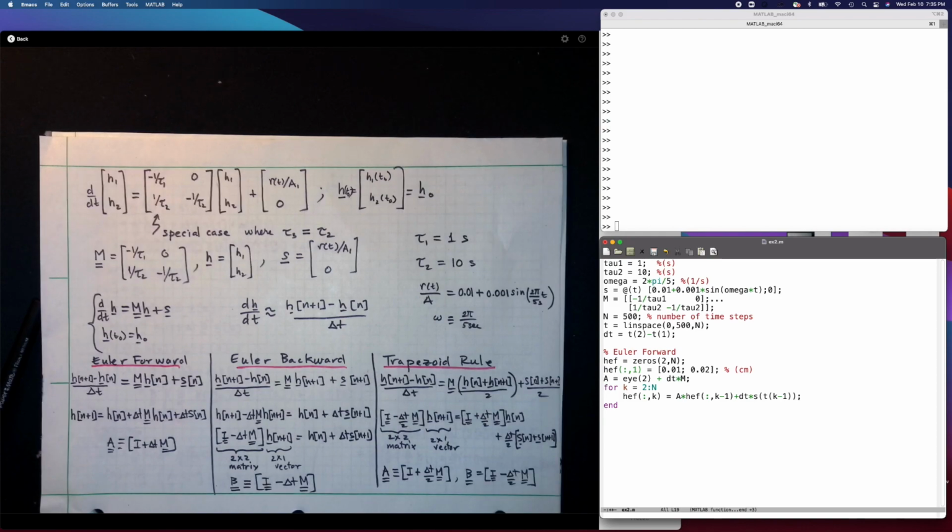Now we're going to solve it again by using the Euler backward. It's going to be almost the same. Euler backwards.